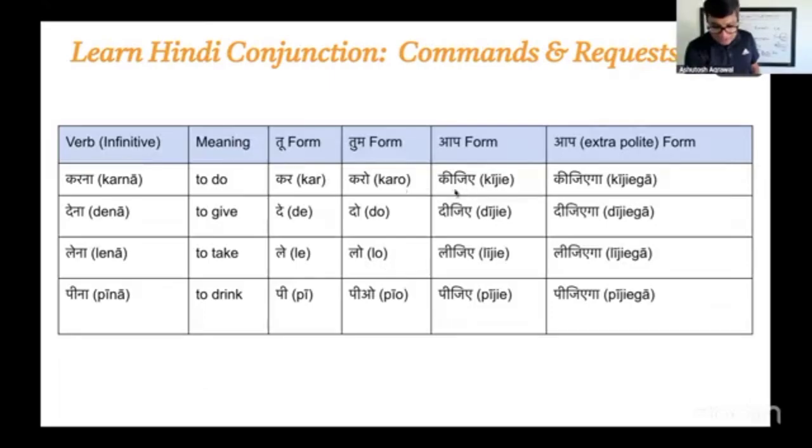You see there's a slight shift in these irregular ones. It will bother you because with iye and iyega, you're no longer dealing with the base stem of karna; you're not dealing with just kar. That's the slight change, but there are not too many of these irregular verbs, so you don't have to memorize a lot of them.